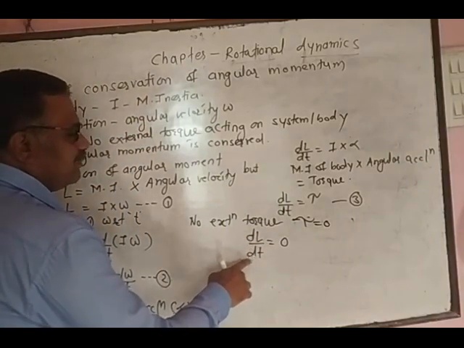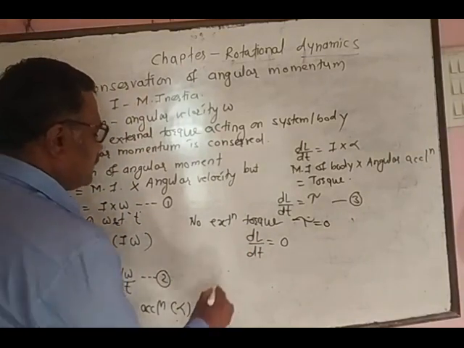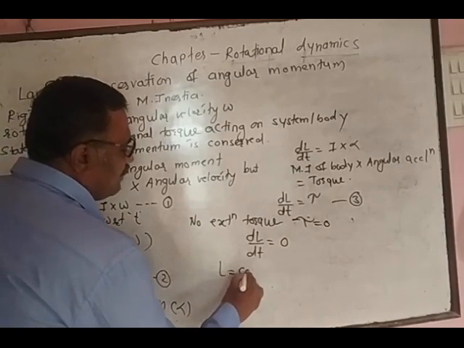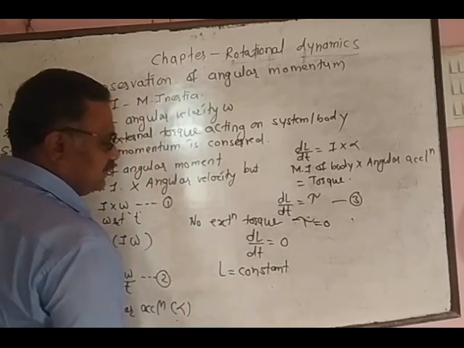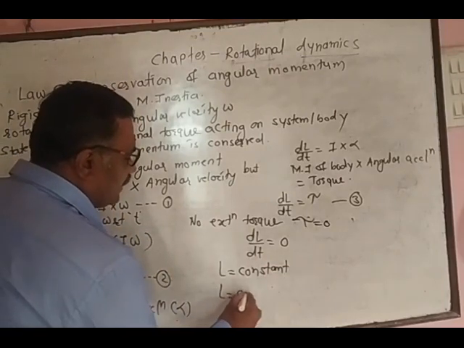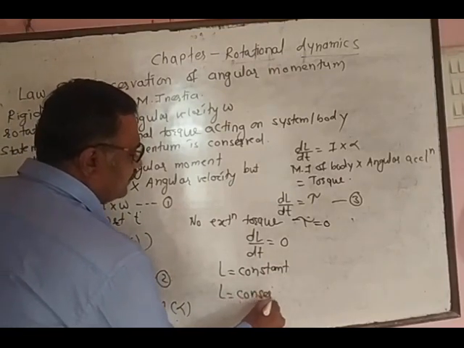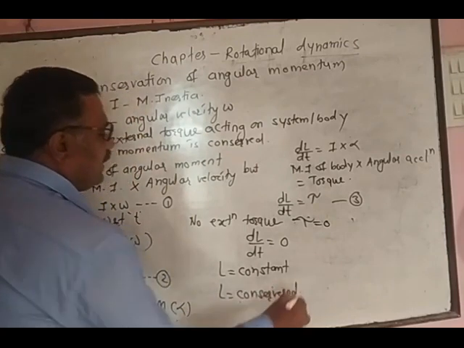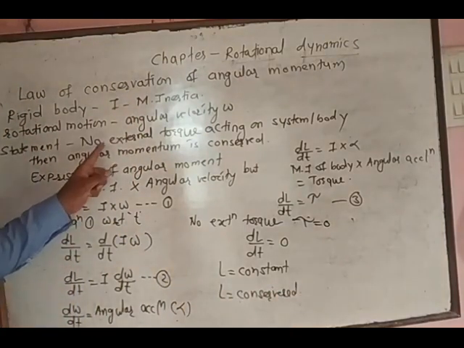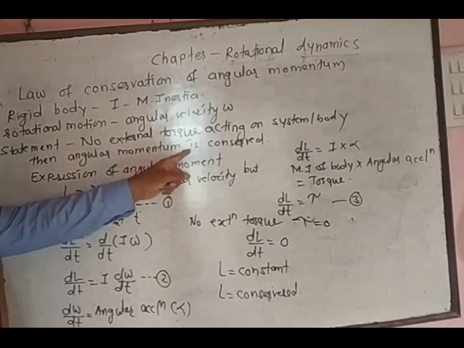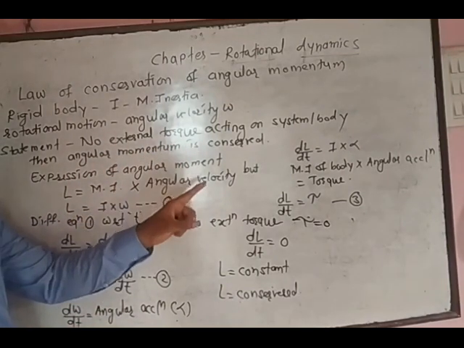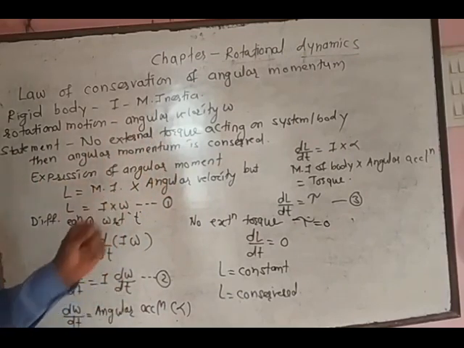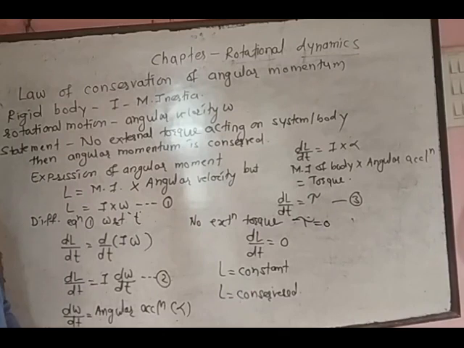The derivative of angular momentum is 0. Therefore this angular momentum must be a constant term. That means angular momentum is conserved. In this way, when no external torque is acting on the rigid body, angular momentum remains constant. Angular momentum is conserved. And this is the law of conservation of angular momentum.